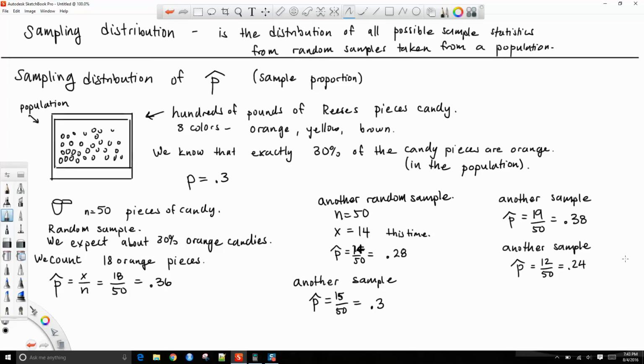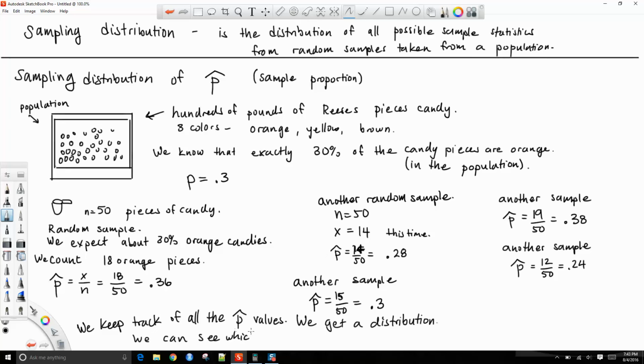We can see which p hats are more likely to occur, which are less likely to occur, and which p hat values are likely and which ones are unlikely.